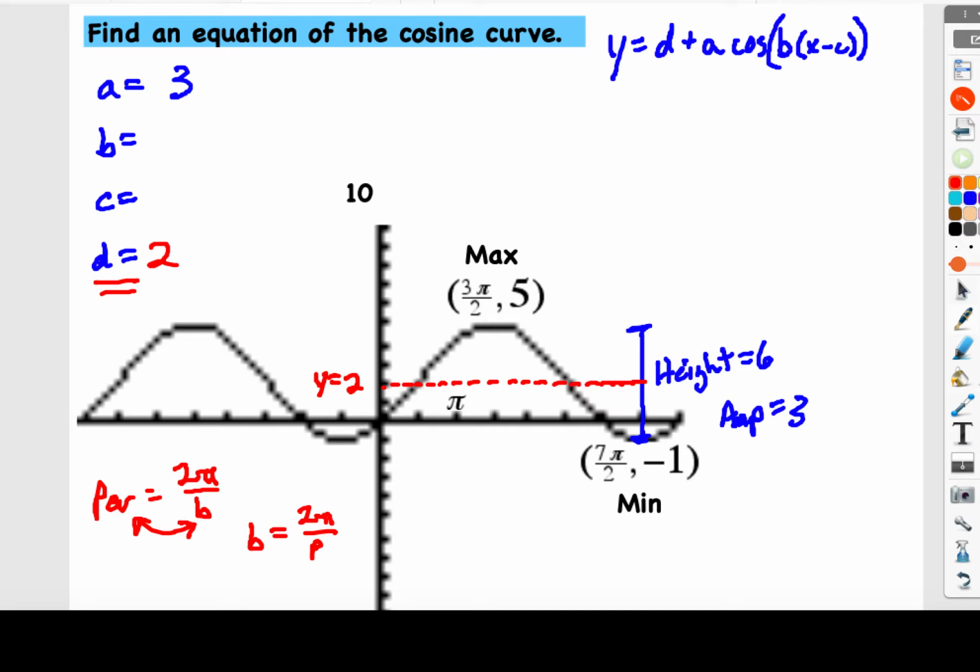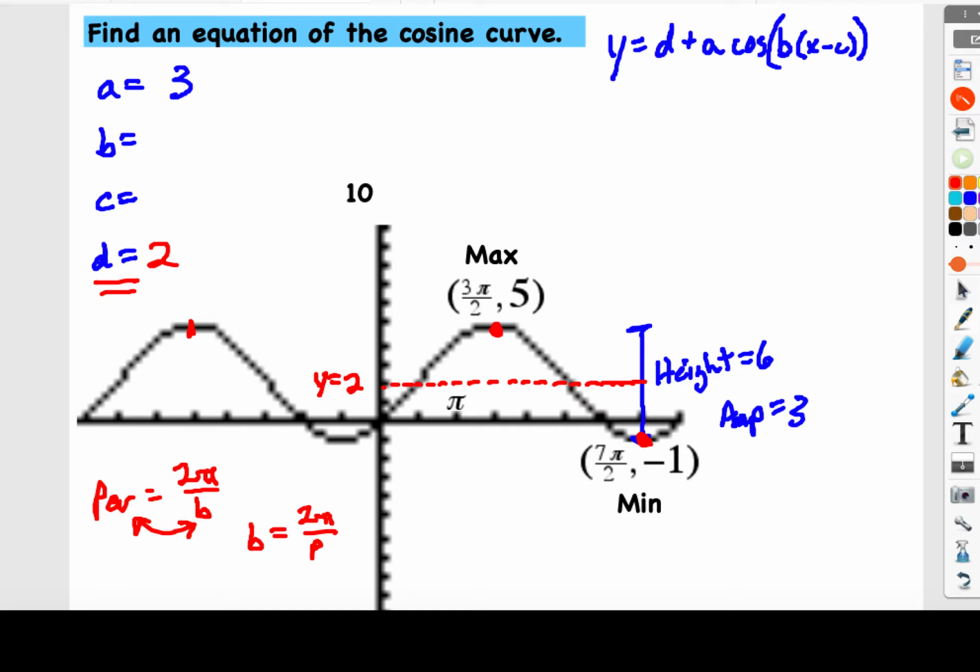Well, the period of our graph is going to be from maximum to maximum, that would be one way to look at this, or minimum to minimum. Or since we know both a maximum and a minimum, we know that at 3 pi over 2 we're at a maximum, at 7 pi over 2 we're at a minimum.